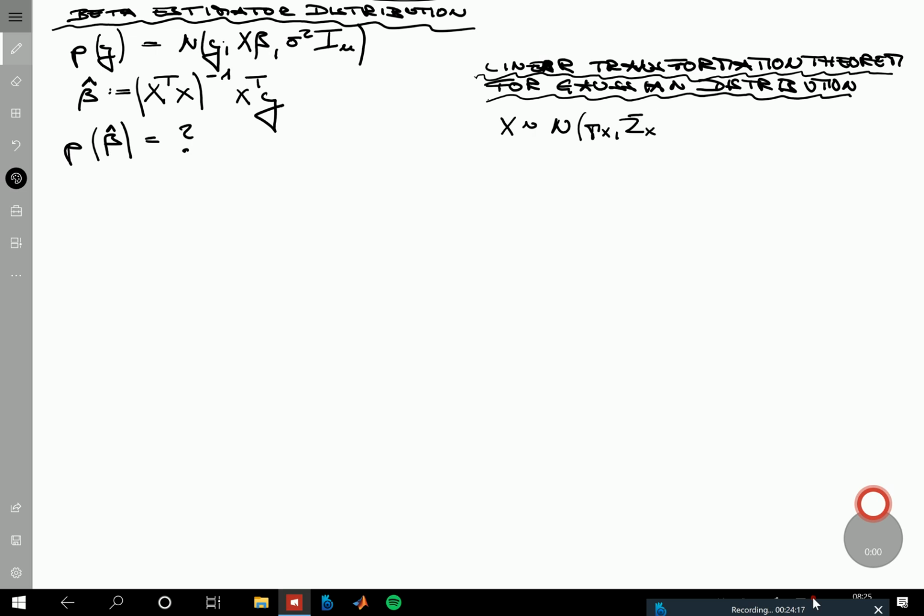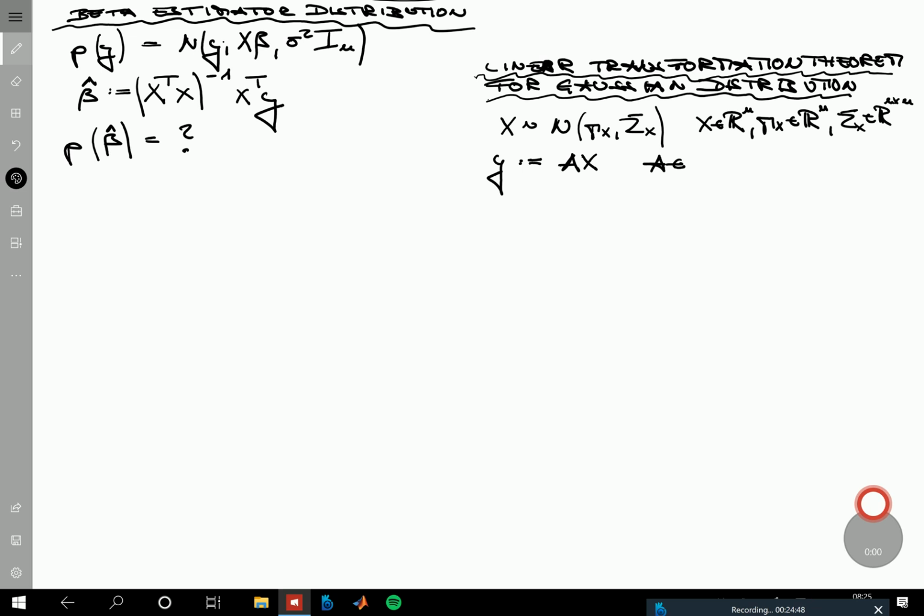variance-covariance parameter sigma x. So x here is supposed to be a random vector, so it's n-dimensional. Hence mu x is also n-dimensional, and sigma x is n times n. And we define another random vector y by multiplying some matrix A with this.